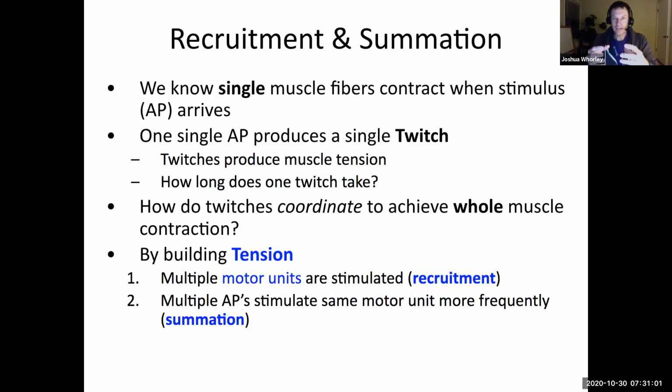And if more calcium is there, more is going to be bound to troponin, so more active sites will be exposed, so more myosin in that myofibril can bind to actin. So that's another way of achieving tension. We just overwhelm the myofibril of a single cell or of a single motor unit with calcium so that we get exposure of the maximum number of active sites.